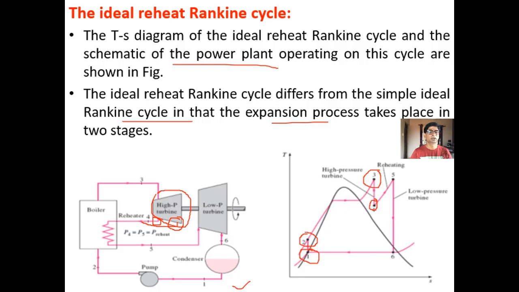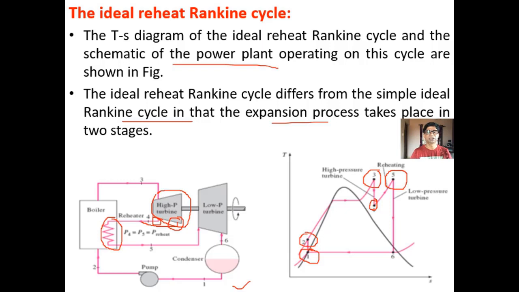Then the exit of the high pressure turbine is fed to a reheater, that is a coil which is passing through the boiler, because in the boiler the temperature is very high, the products of combustion gases are passing. So when this steam after expansion in the HP turbine passes through this reheater, you can see once again its temperature increases.